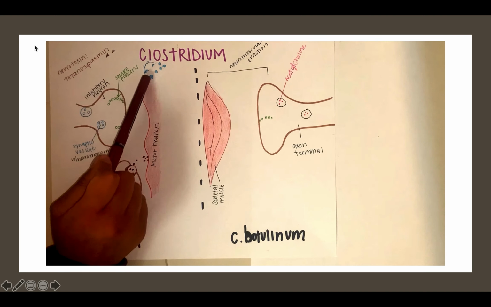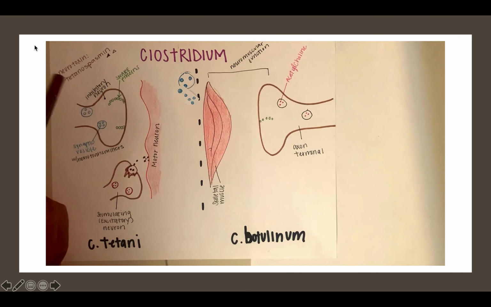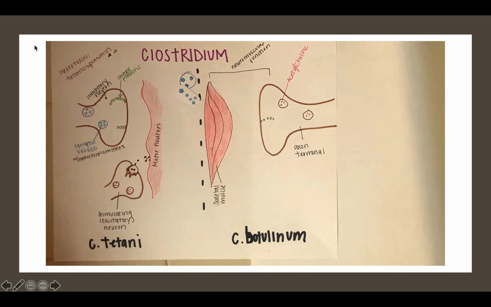Now, as we should already know, Clostridium tetani spores release a neurotoxin known as tetanospasmin. So I'm going to show you how tetanospasmin causes this to act abnormally.